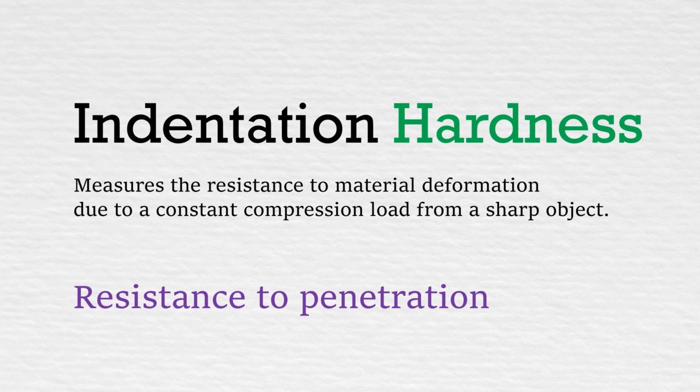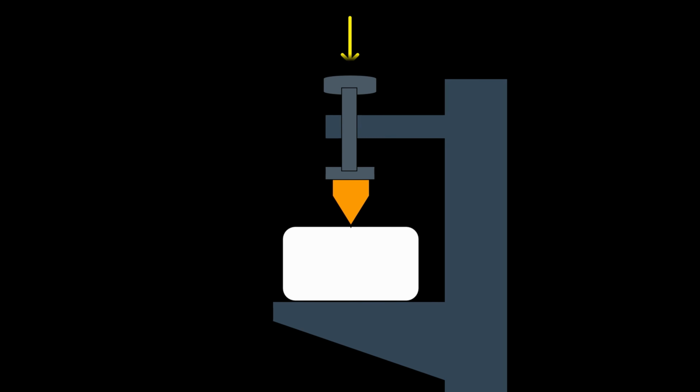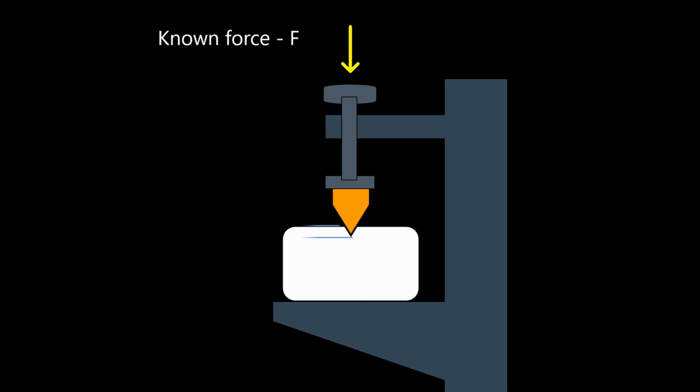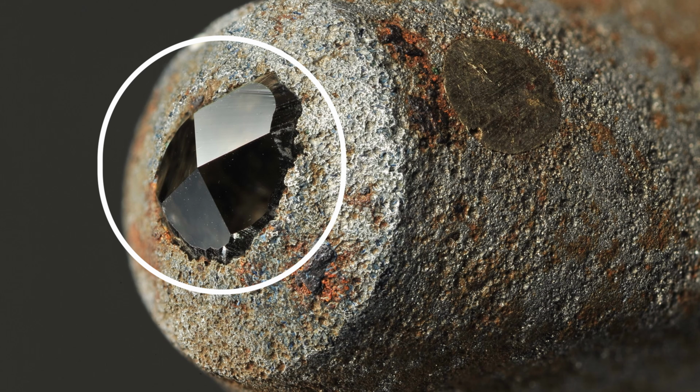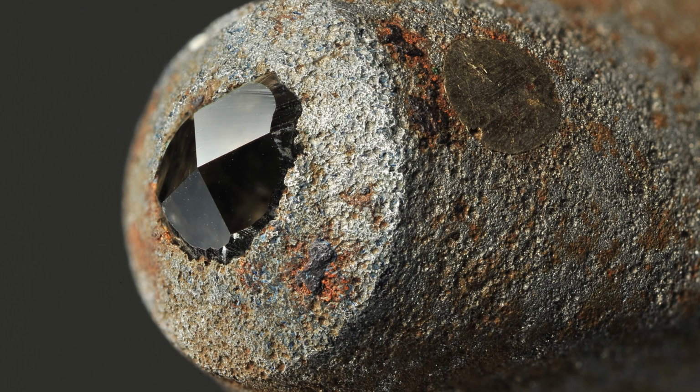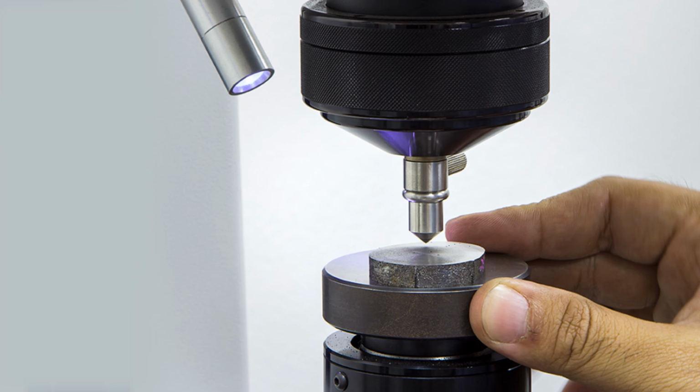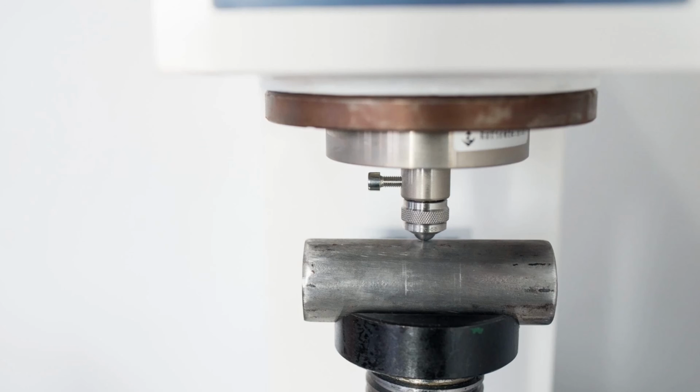To measure indentation hardness, we press a sharp indenter over the component with a known force, and we calculate the hardness of the component on the basis of the depth of penetration made by the indenter under that known force. Indenters are usually made of either diamond or very hard material, and the shape of the indenter can be spheroconical or tiny bowl shape, depending on the type of hardness scale.